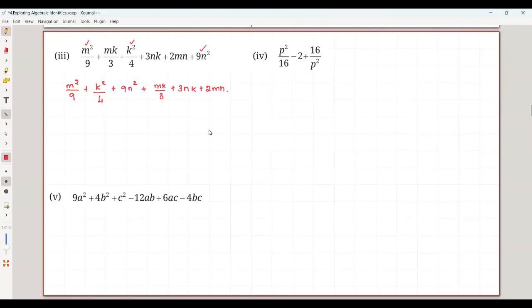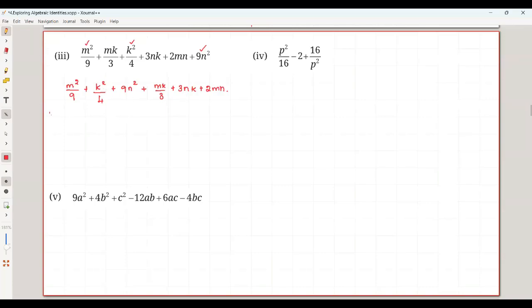Now you can compare with the formula: a square plus b square plus c square plus 2ab plus 2bc plus 2ca. The formula will be (a plus b plus c) the whole square. We have to get what is a, b, c.